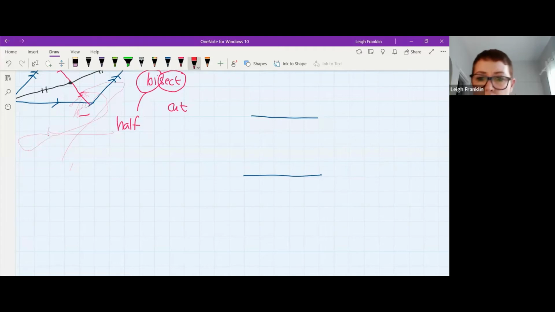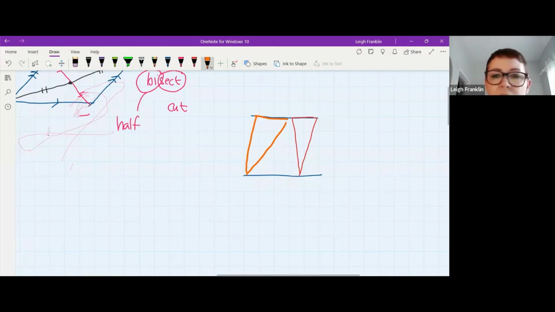Now I'm going to come along and draw a triangle over here, and then I'm going to draw another triangle over there. Because these triangles lie between parallel lines, that means what about them is exactly the same?